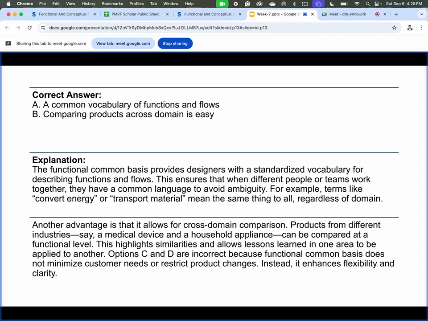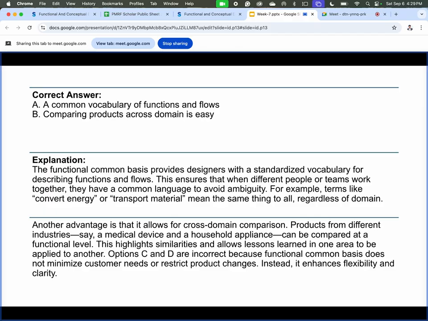Another advantage is that it allows for cross-domain comparison. Products from different industries, say medical devices and household appliances, can be compared at a functional level. So this highlights the similarities and allows lessons learned in one area to be applied to another.